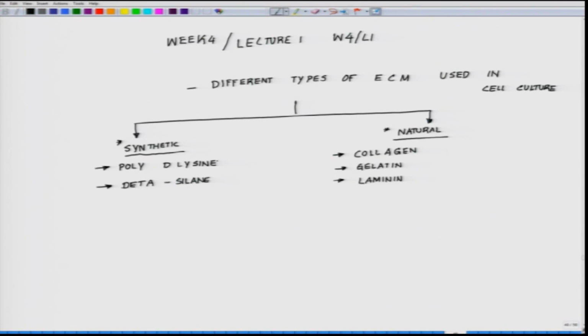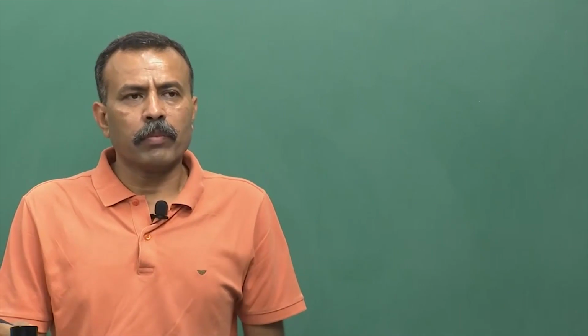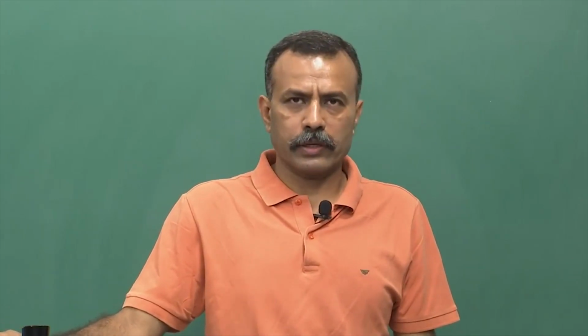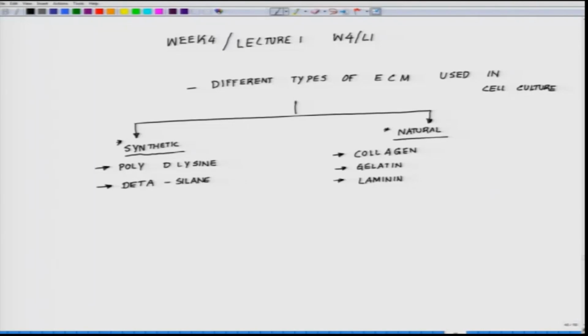Talking about the synthetic matrix, it is easy to talk about because most of them do not have any specific interaction. The way poly-D-lysine works is something like this. For example, here you have a glass substrate. On the glass substrate, you deposit poly-D-lysine.